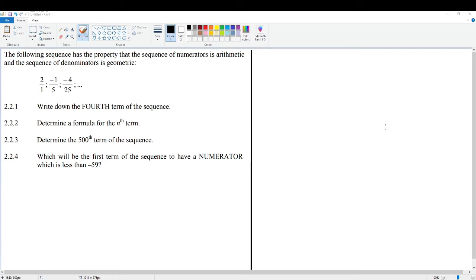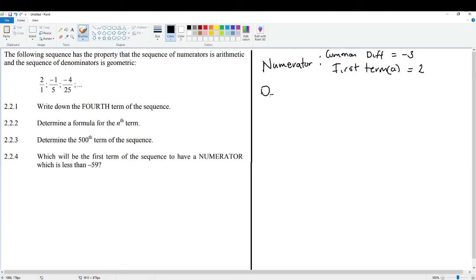The second part of the question, we're supposed to determine a formula for the nth term. We already know that for the numerator, we have a common difference of minus 3, and our first term, which is a, is equal to 2.